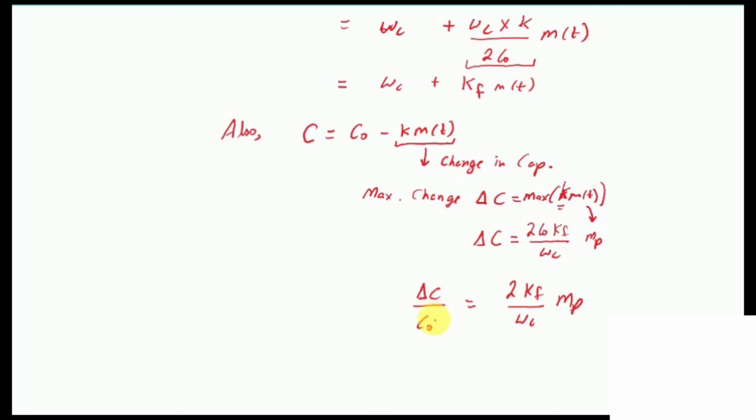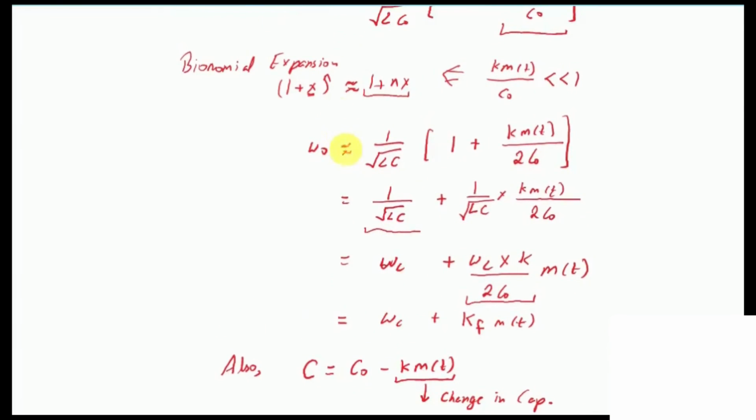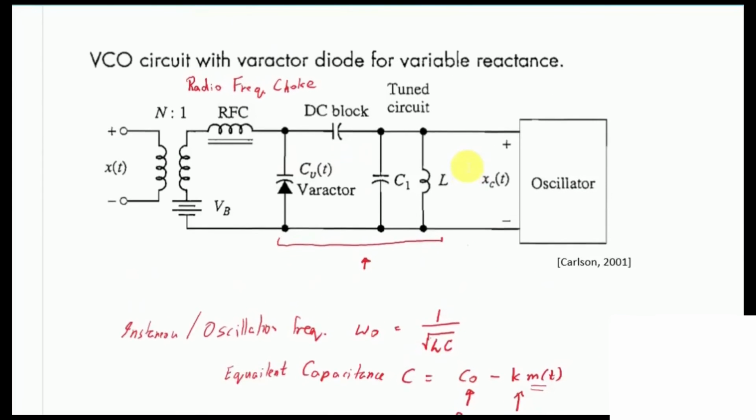And to remove the harmonic distortions, what we would need is delta C by C naught to be much less than 1, so that it is in accordance with our binomial expansion. So in short, what we have done is take a simple circuit and induce a varactor diode which has variable capacitance determined by the incoming message signal.